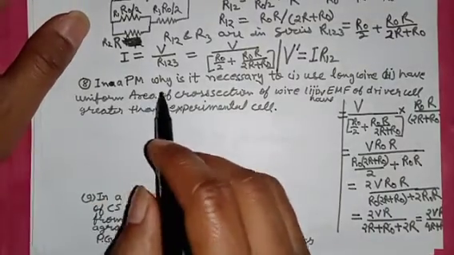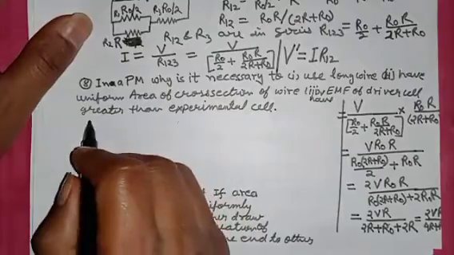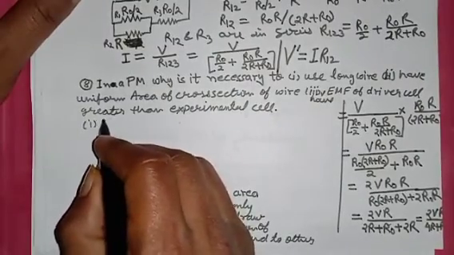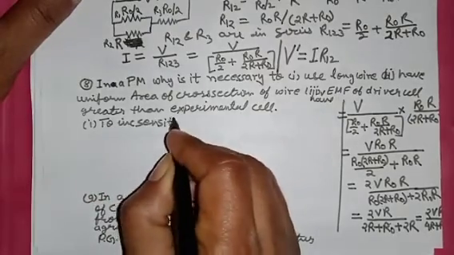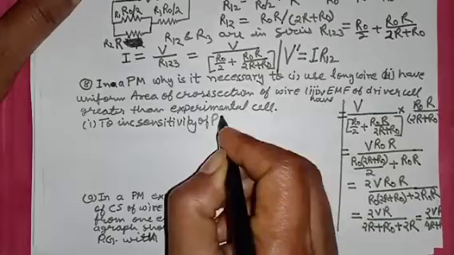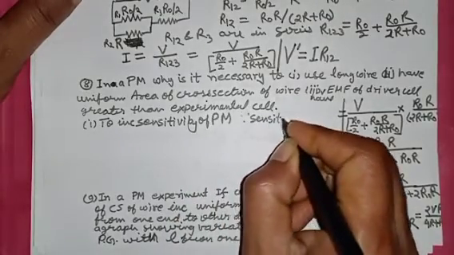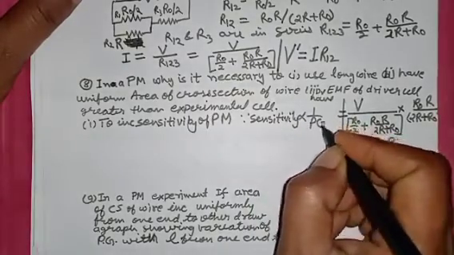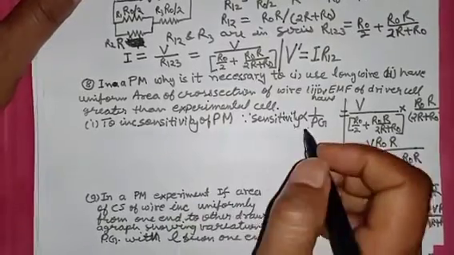Next, in a potentiometer wire, why is it necessary to use a long wire? The first answer is to increase the sensitivity of the potentiometer. Since sensitivity is inversely proportional to potential gradient, you need to write it in full. I use these symbolic representations, but you need to write it in full.